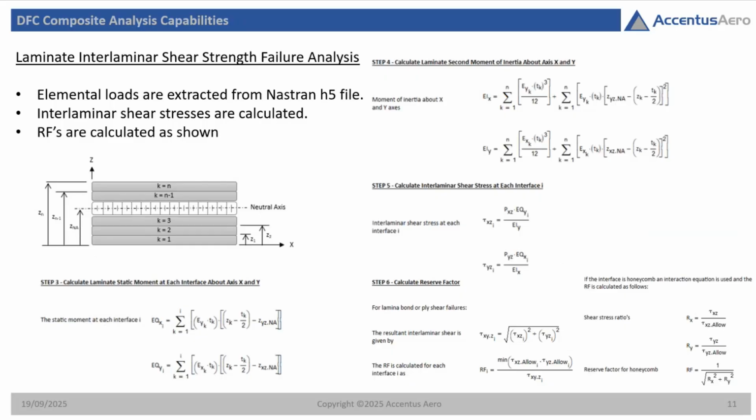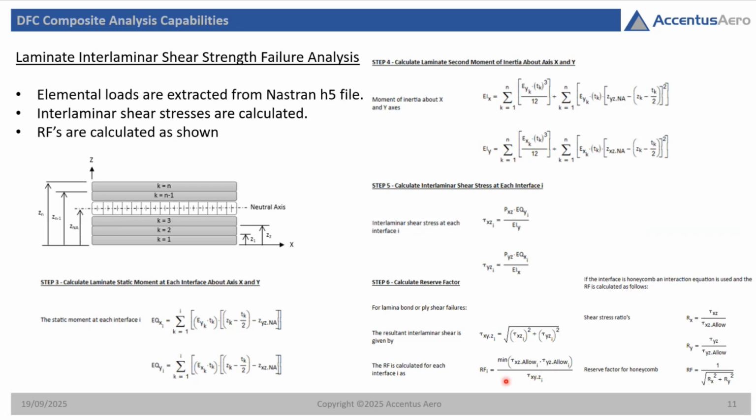Right, so that is plane strength. If you look at interlaminar shear strength, again here we extract elemental loads. Then we calculate the interlaminar shear stresses with the theoretical method using static moments, calculate the shear stresses, and then we calculate the RFs.